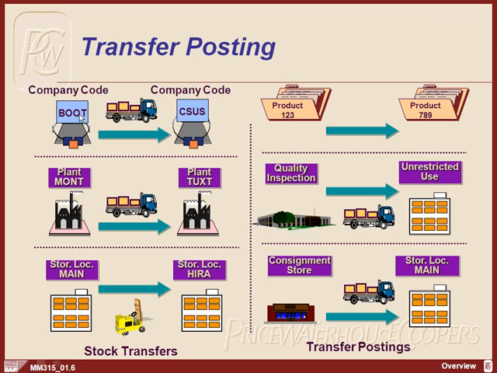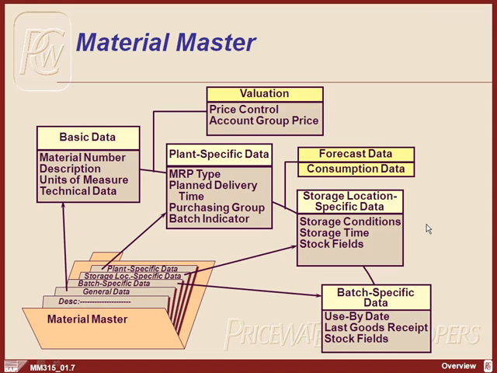Examples of stock transfers are company code to company code movement, plant to plant movement, or storage location to storage location movement. Examples of logical transfer posting are moving material from quality inspection stock to unrestricted stock, quality inspection to blocked stock, or blocked to quality inspection. Another example of transfer posting is moving material from your consignment stores to your own stores.